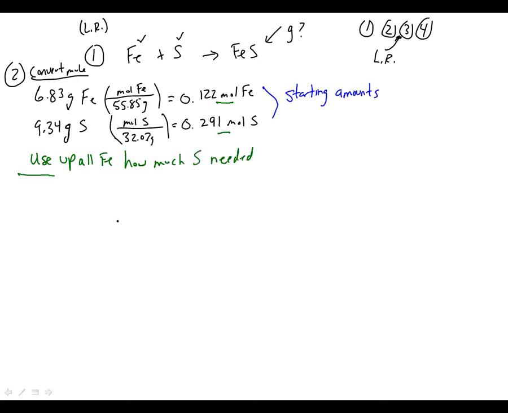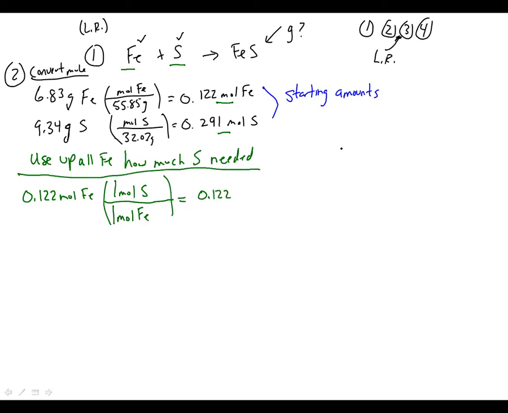You could do the opposite calculation where you try to use up all the sulfur and figure out how much iron you need. So we're going to take our starting amount of iron, which is 0.122 moles of iron. And now, because we are interested in how much of the other reactant, we want the relationship between these two, which seems pretty easy. It's 1 mole of iron gets us 1 mole of sulfur, which I think I could do that. So that's going to be 0.122 moles of sulfur needed.